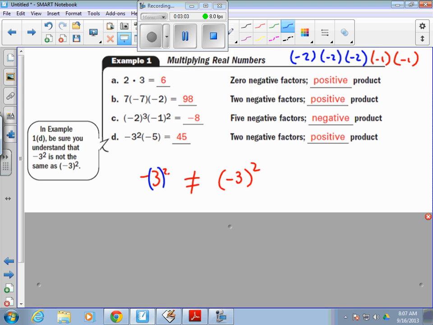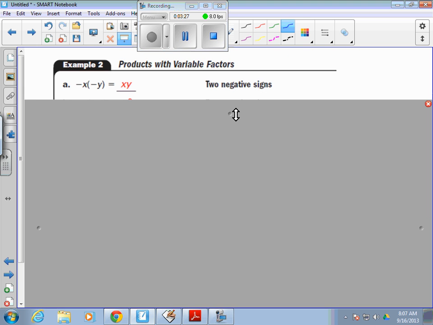So it's as if it would look like that. That would be 3 times 3. The one that's in parentheses would actually be negative 3 times negative 3. Very common mistake I see a lot. And the reason that it's going to be positive is because you have two negative factors, negative 3 and negative 5. 3 times 3 gives you 9, and that times 5 is negative 45 becomes positive 45.